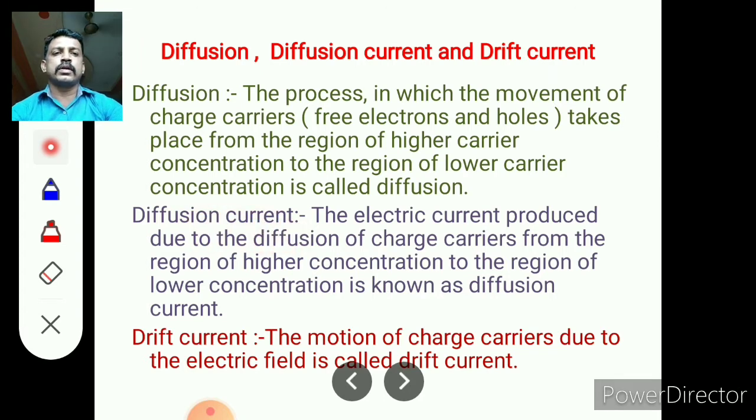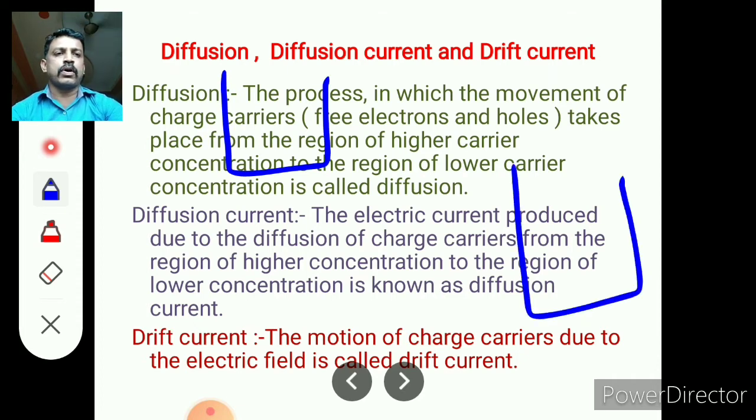Diffusion current: the electric current produced due to the diffusion of charge carriers from the region of higher concentration to the region of lower concentration is known as diffusion current. Like, we consider that one water tank is there, and here another water tank.